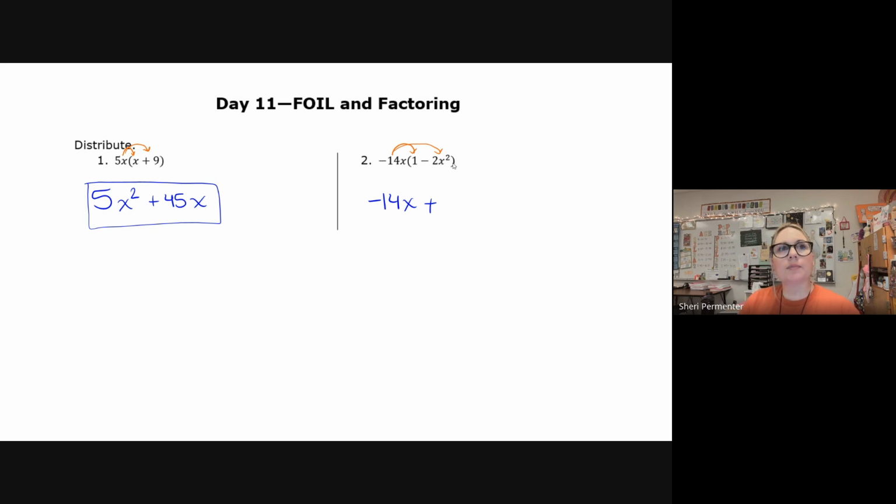What's 14 times 2? 28. And we have x to the first power, so 1 here and 2 here. Yep, very good. And so we add exponents. Any questions so far? This should feel easy. It should feel like a review. You learned this a while back. It's been a minute.